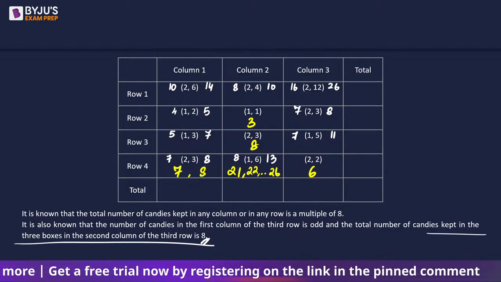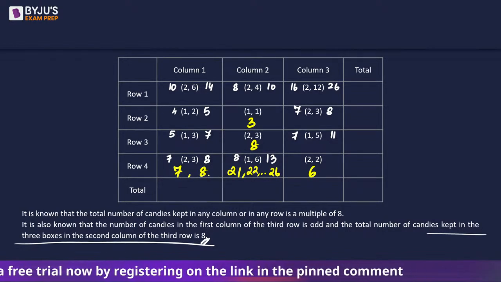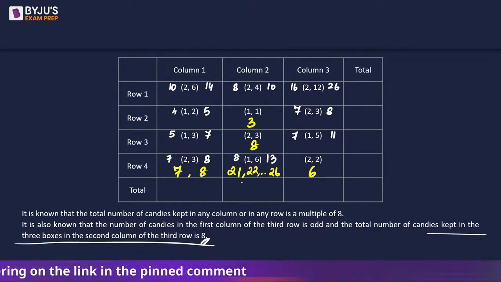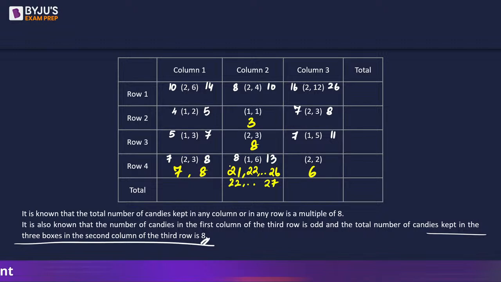If instead of 7, I take 8, now what will happen is 8 plus 8 plus 6. This is going to give me 22 and 8, 13 and 6 will give me 27. So the only number that we are going to have which is in the table of 8 is 24 here.